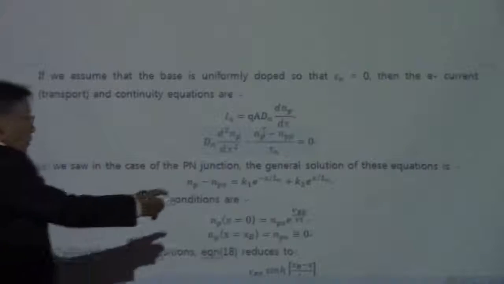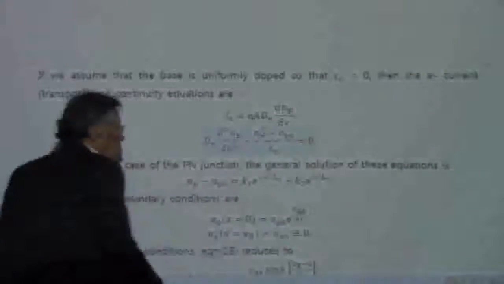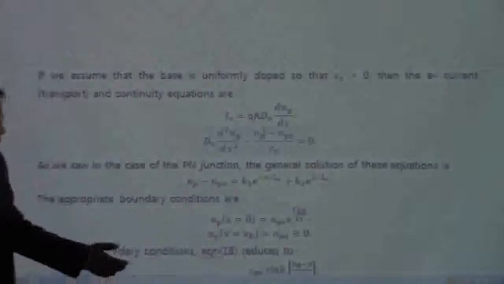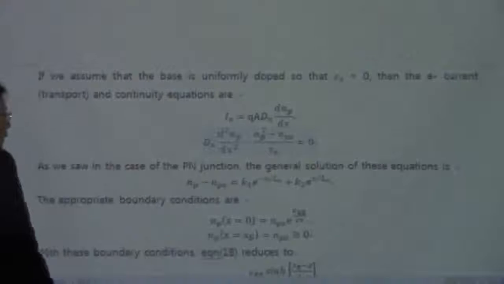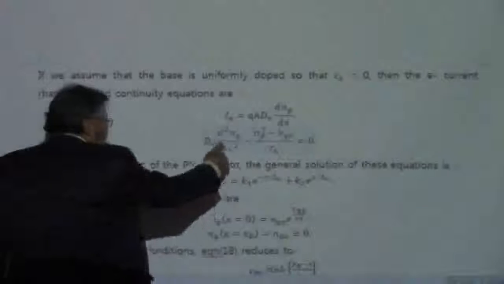So no drift current, because no electric field in there because of uniform doping. This is the transport equation and this is the continuity equation corresponding to that.